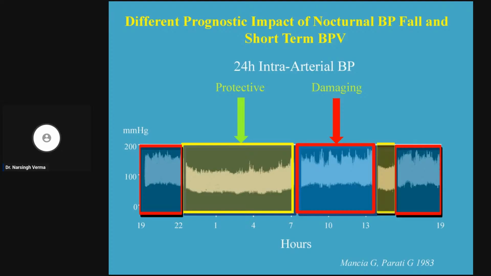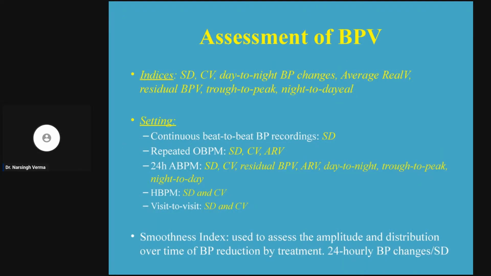If the variability is within range, it is protective in nature. But when it goes out of range, it becomes damaging. So variability is physiological, but when this variability becomes more, it is damaging. And this damage can be known by assessing blood pressure variability.